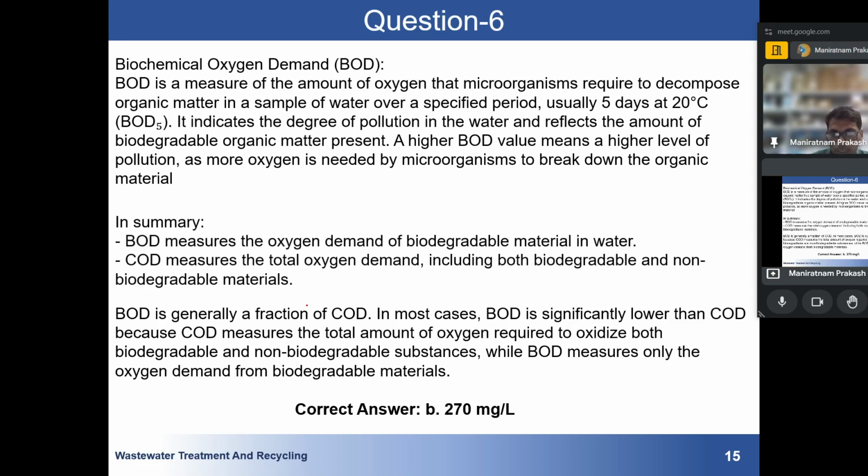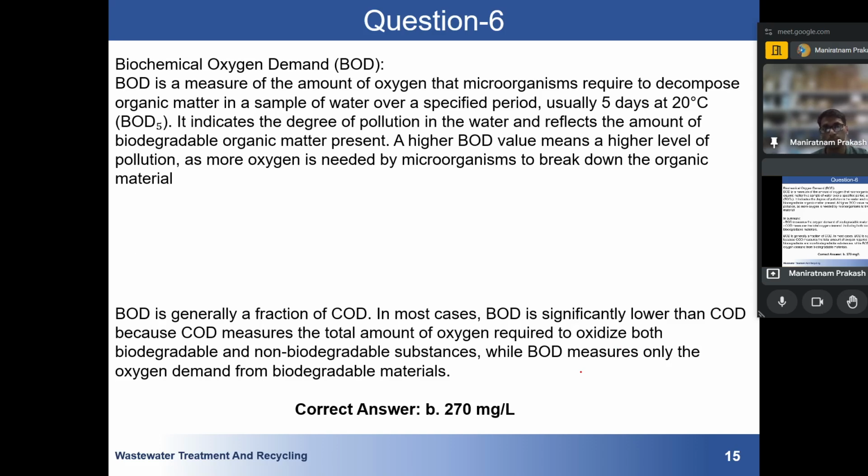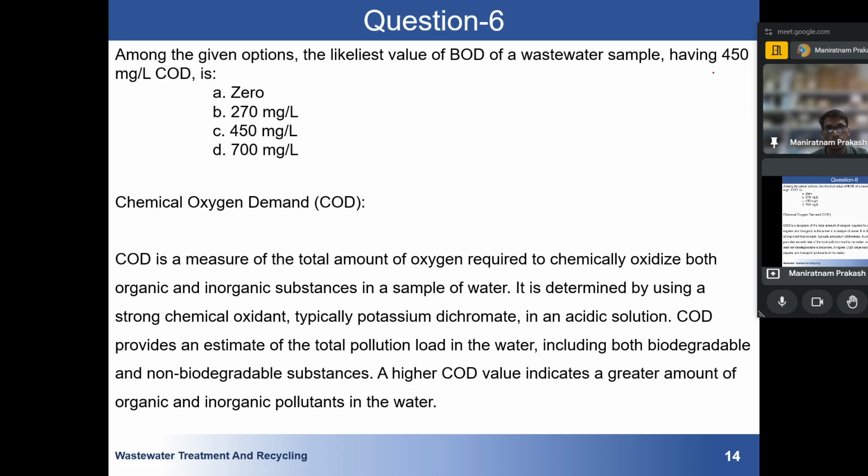In most cases, BOD is significantly lower than COD, because COD measures the total amount of oxygen required to oxidize both biodegradable and non-biodegradable substances, while BOD measures only the oxygen demand by biodegradable matter. So obviously, in this question, COD is 450, so the answer will be an option less than this. As it is a wastewater, there will be some organic content.